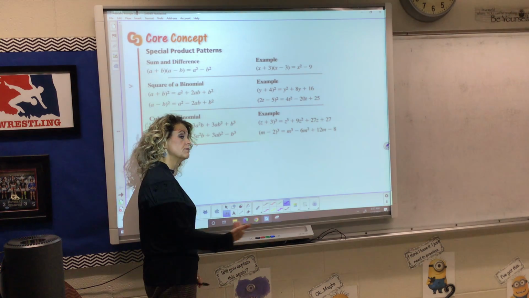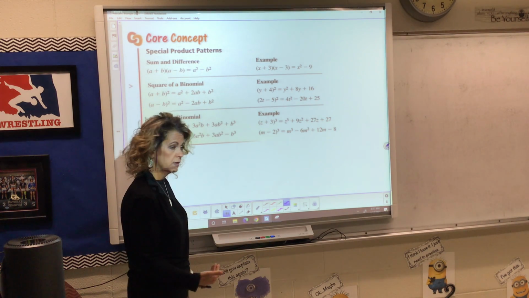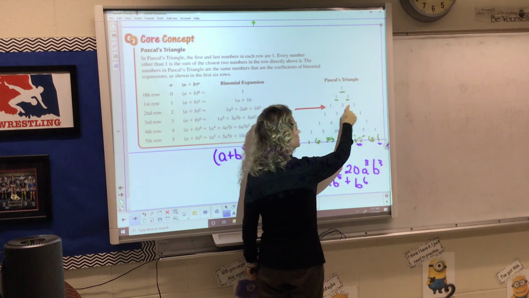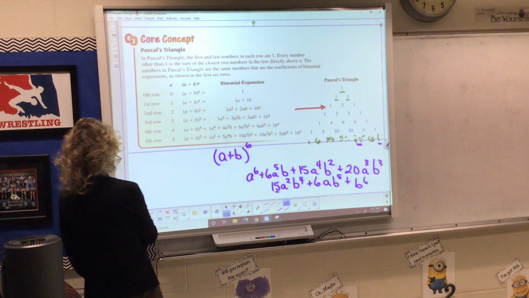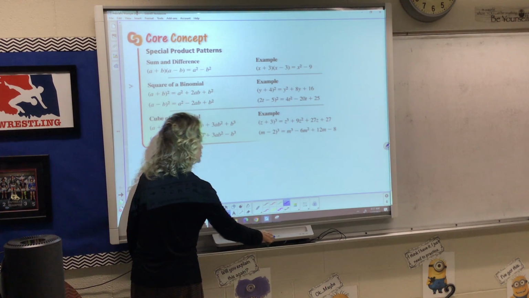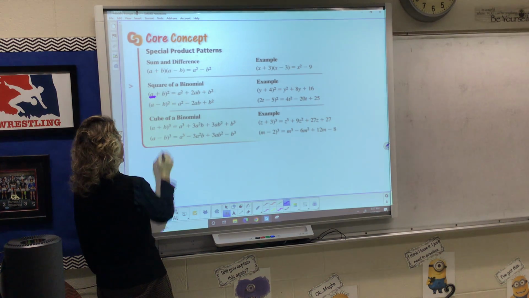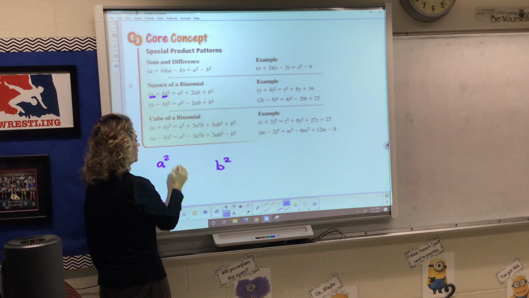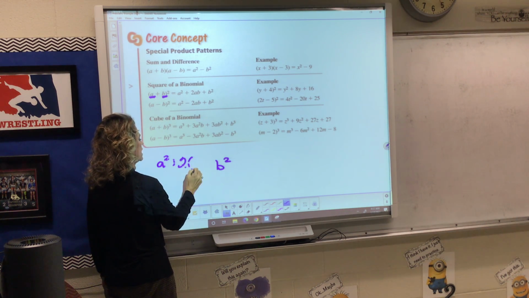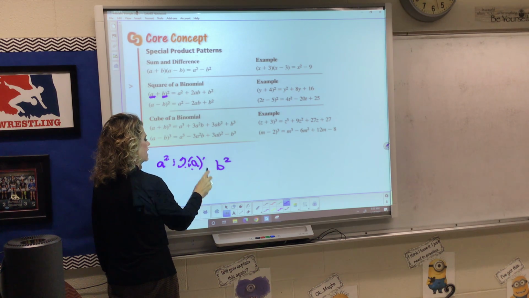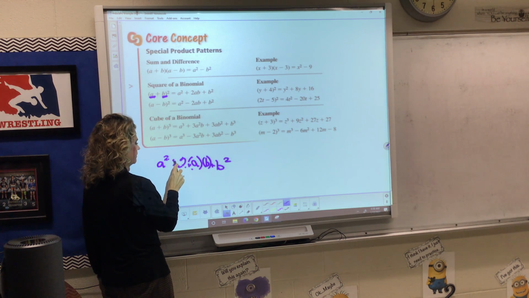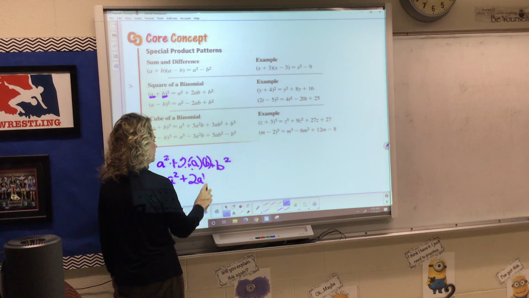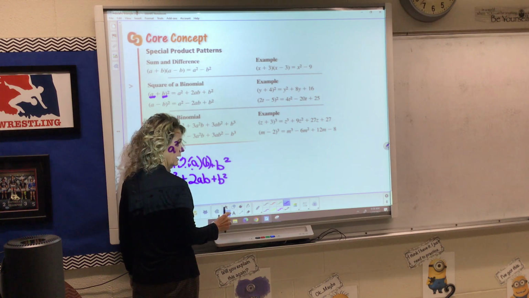We could use my Pascal's triangle, yes? If we look back here on Pascal's triangle, perfect square 1, 2, 1, yes? But I told you it's the first one squared, the last one squared, yes? Plus 2 times my first term times my last term, yes? That gives me a squared plus 2ab plus b squared, yes?